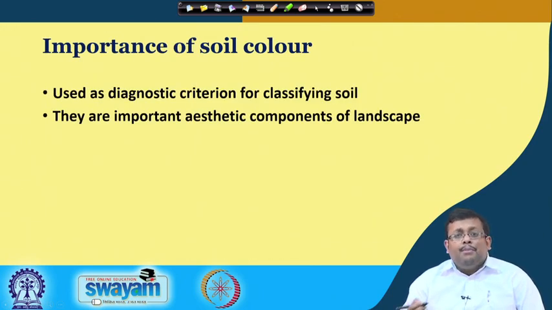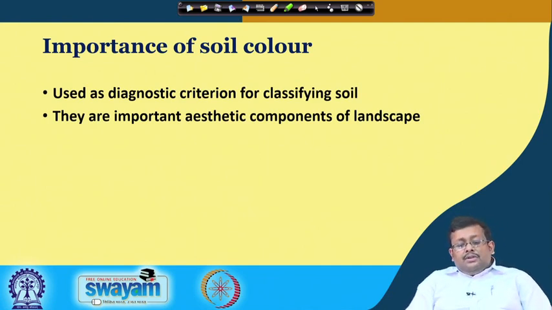And what is the importance of soil color? Obviously, soil color is used as a diagnostic criterion for classifying soil, and it is an important aesthetic component of the landscape, because soils dominated by iron and aluminum oxides show red color.